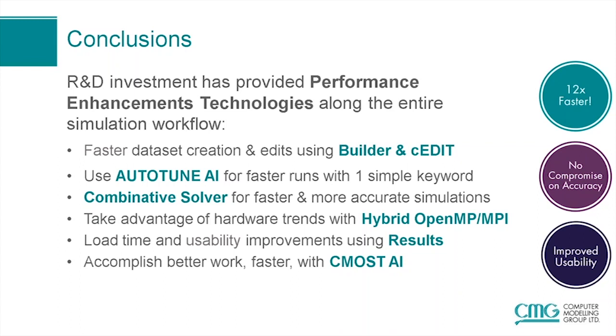All of these runs that Khoi showed you in terms of speed ups, the results were absolutely identical to without using Autotune or the combinative solver. So there is no compromise in accuracy and results when you use any of these features in our simulators.